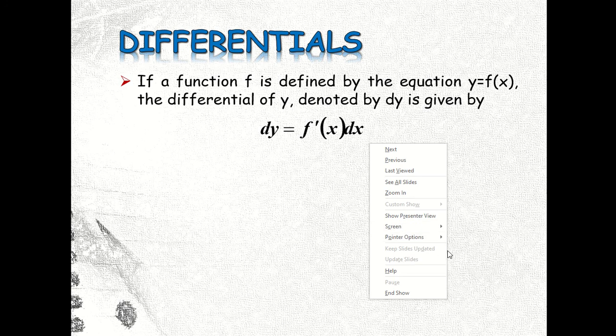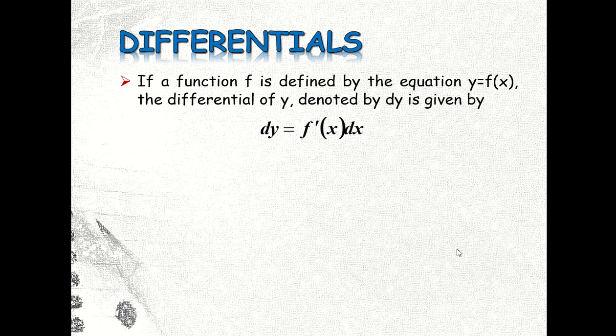So actually that one, class, is just taken from the basic derivation. If you have y equal to a function of x, and you differentiate both sides with respect to x, we have dy over dx equal to, on the right side, f prime of x.